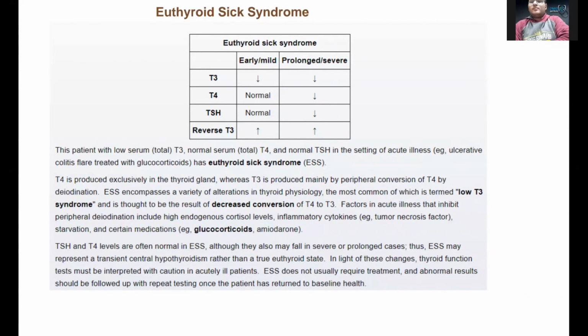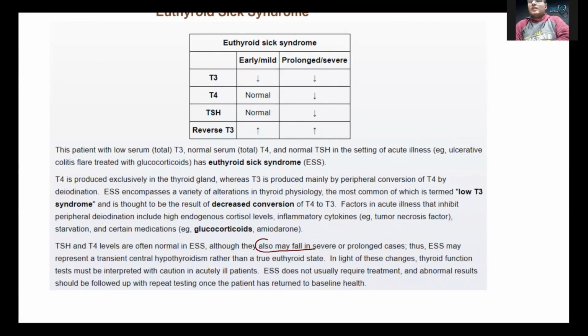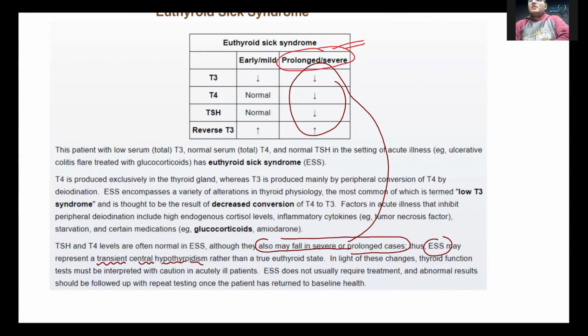TSH and T4 may often be normal, although they also fall in rare or prolonged cases. Sometimes euthyroid syndrome may represent a transient central hypothyroidism. Super high yield question: when there is a prolonged severe disease, it acts as central hypothyroidism. Central means there will also be decreased TSH.